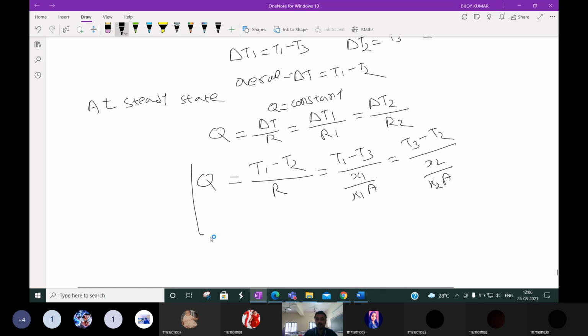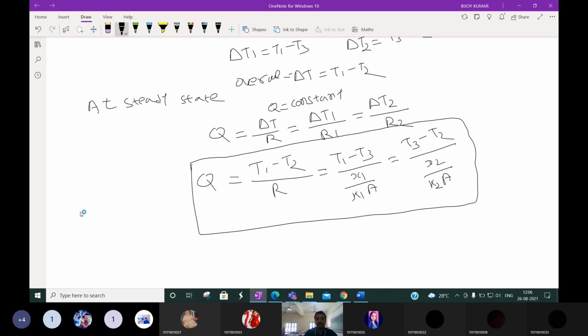From this information, this is the standard information. So what you have to find is the interface temperature T3. If we focus on these two things, T1 is 770 degrees centigrade.